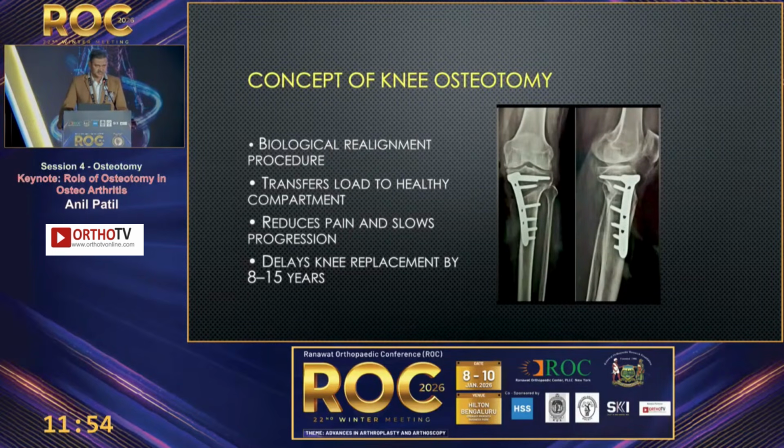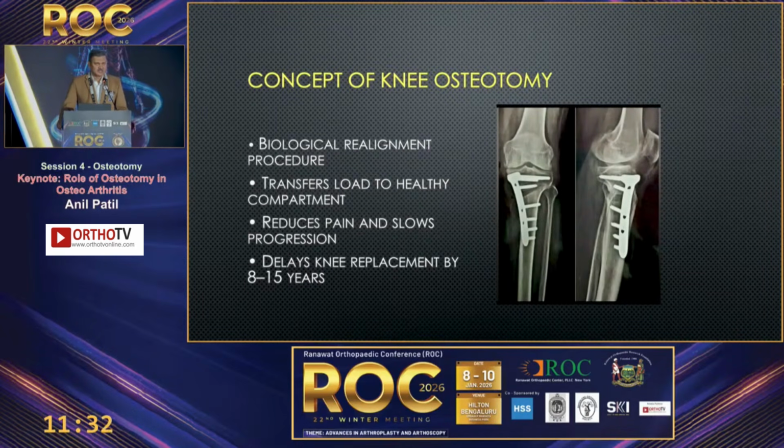It's not just a mechanical deviation of the axis, because this procedure has been shown to reduce degeneration, and in some cases there is even some amount of regeneration, which some of the papers have shown. It transfers the load to the healthy compartment, since the medial compartment is affected.